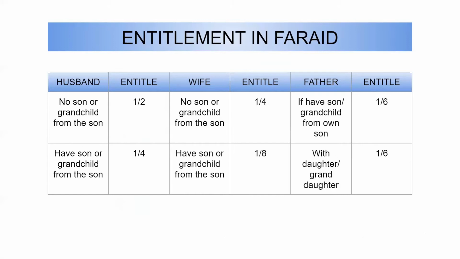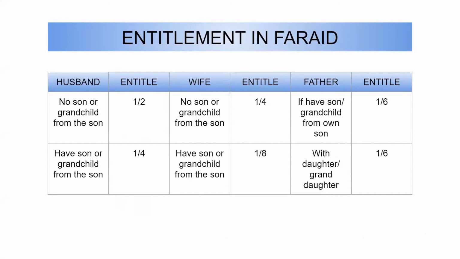Based on the table, we can see all of the entitlement of Faraid of each member of a family. There are some conditions that must be fulfilled by an individual in order to qualify for an entitlement in Faraid. Firstly, for the husband, there are two conditions.